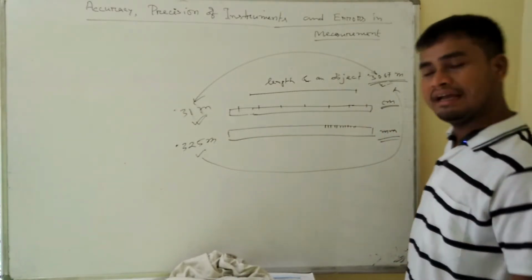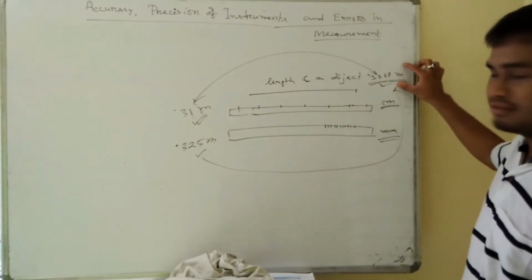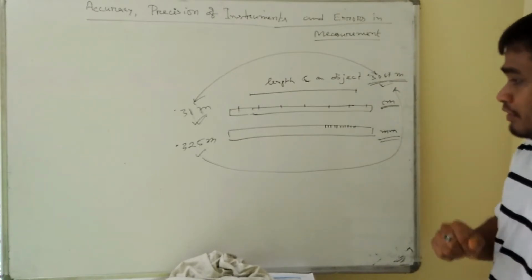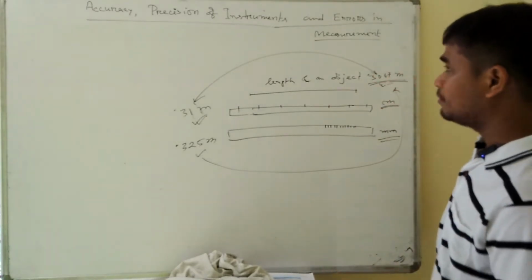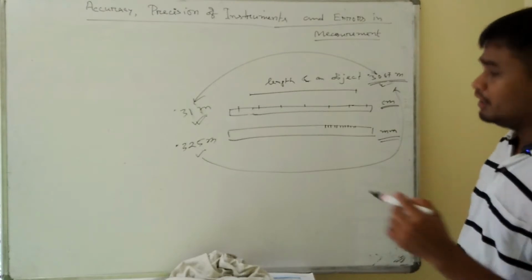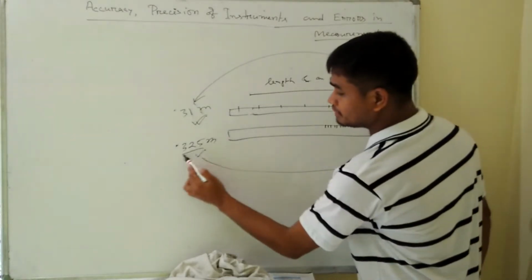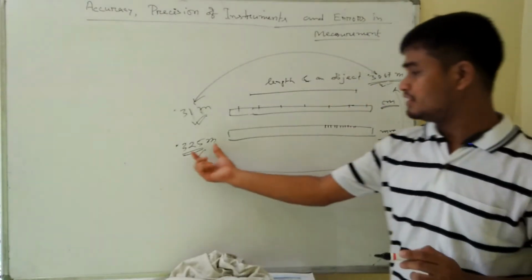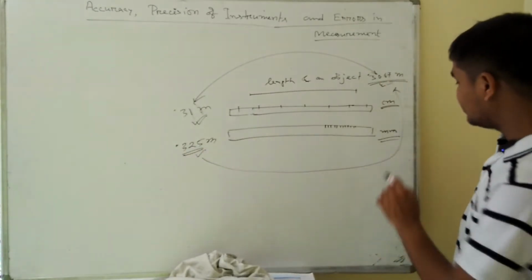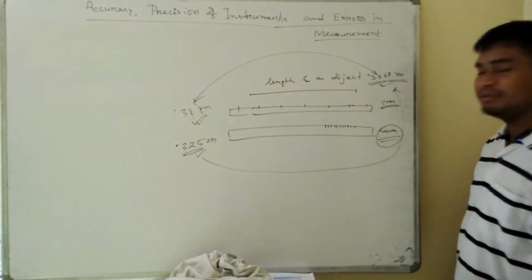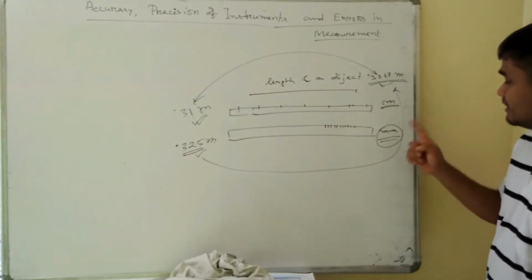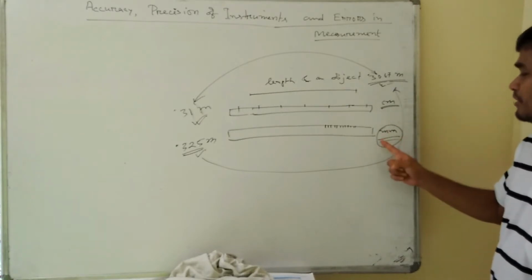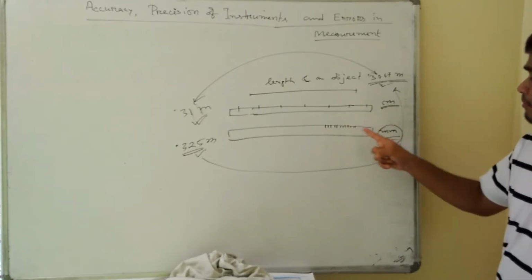That is accuracy, more accurate. Now what precision is: we got the value here with 3 digits. We measure precisely in the millimeter scale, that is, there is less probability of error in measuring.